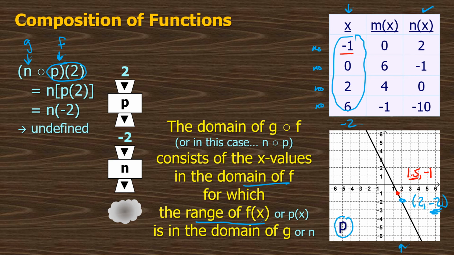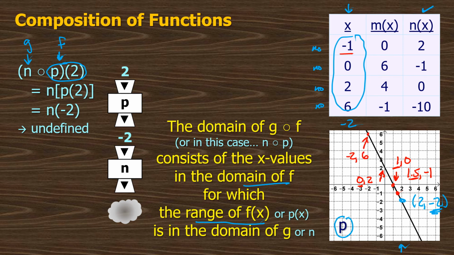Well, I also have 0 as a height. 0 height occurs when I plug 1 in and I get 0 out. So 1 is an option. Here I have 2 coming out. That's only if I plug in 0. And finally, I have 6 as being a possible height right there, but only if I plug in -2.